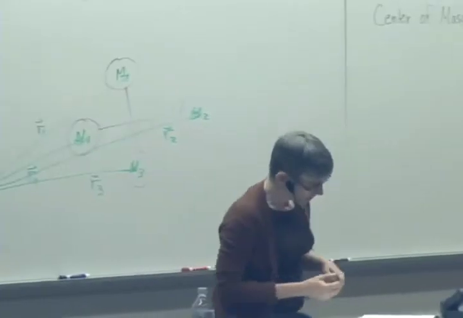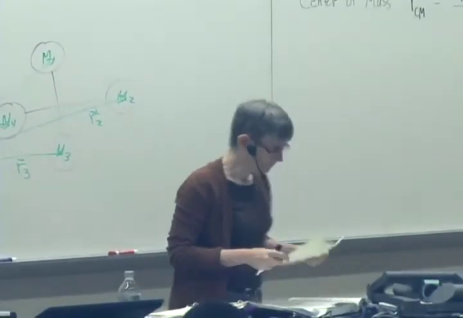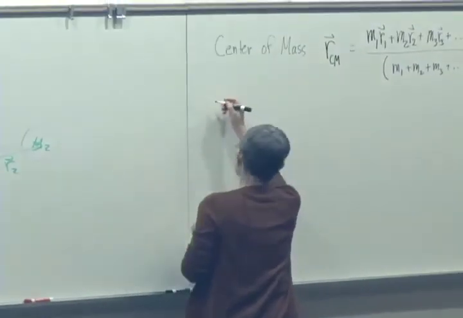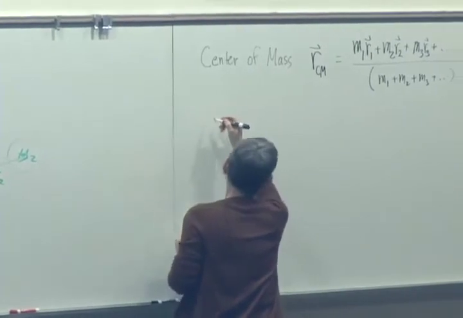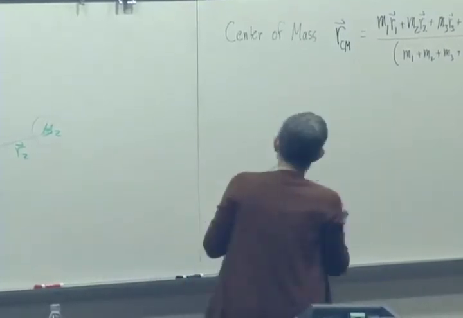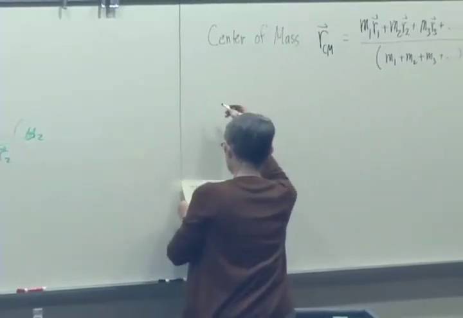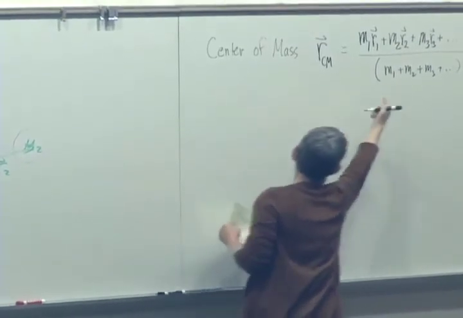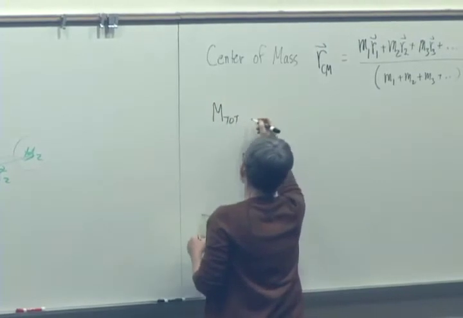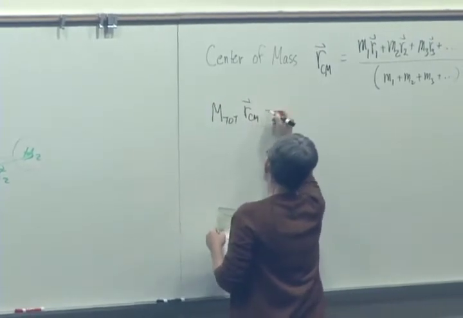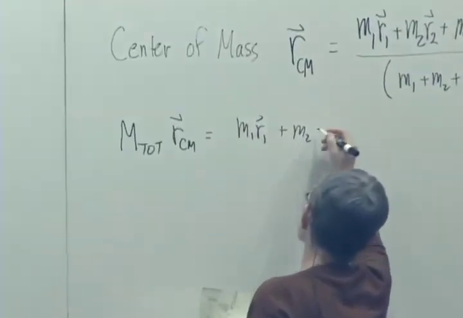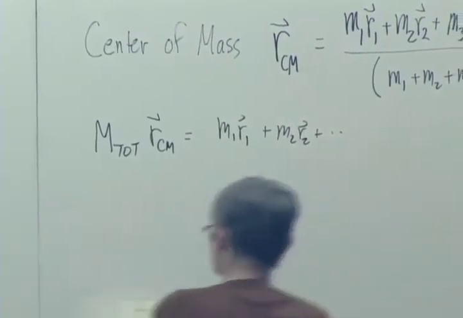We also showed that for speeds less than the speed of light anyway, if we wanted to calculate the total momentum of the system, we note that if we multiply both sides by m total, we'd get m total times the location of the center of mass equal to M1 R1 plus M2 R2 plus all that stuff.